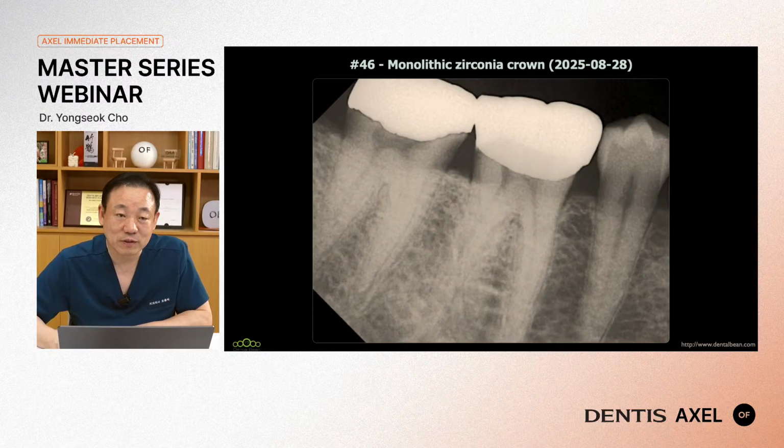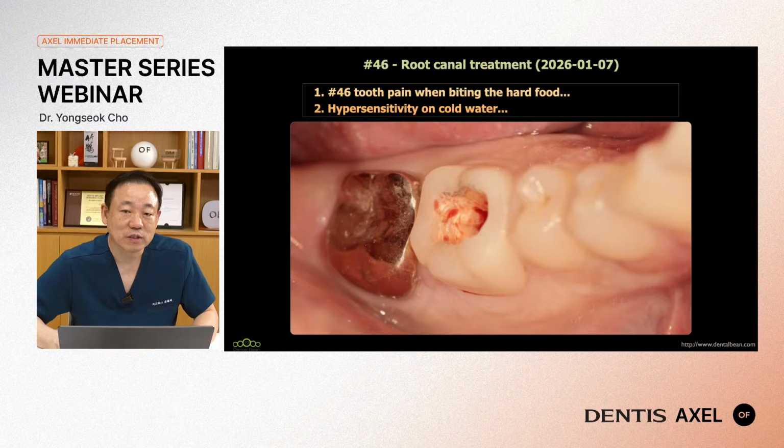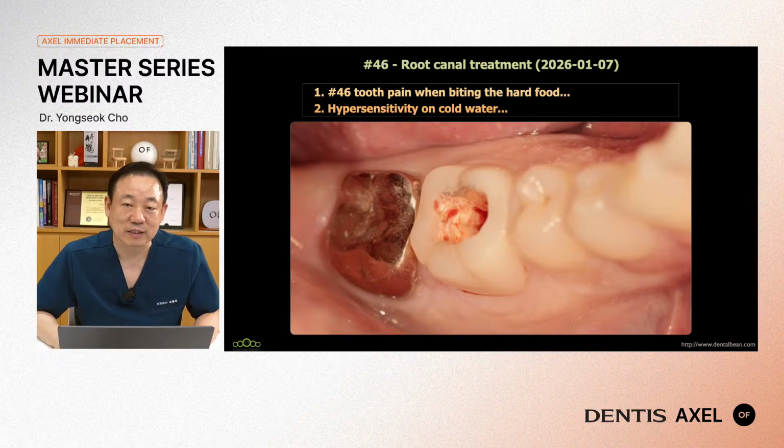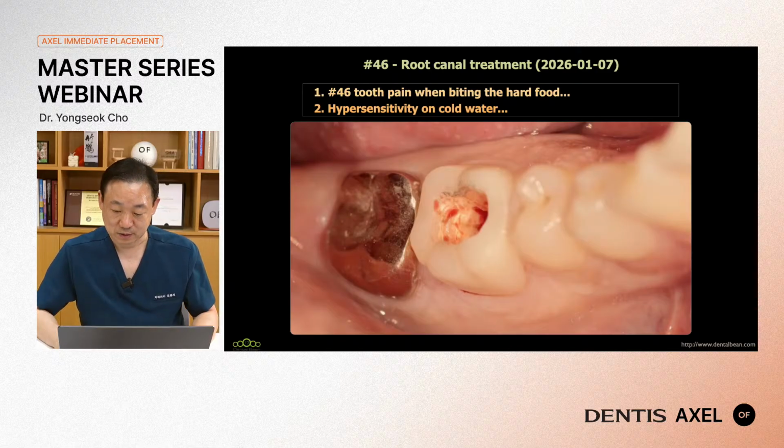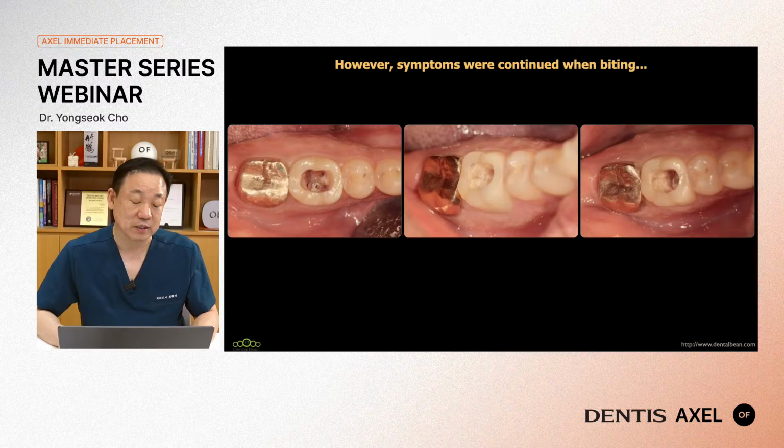We suspected a crack of the tooth. So first try the crown. However, patient continued discomfort. Root canal treatment was done, but symptom persisted. So decided to extract the tooth.